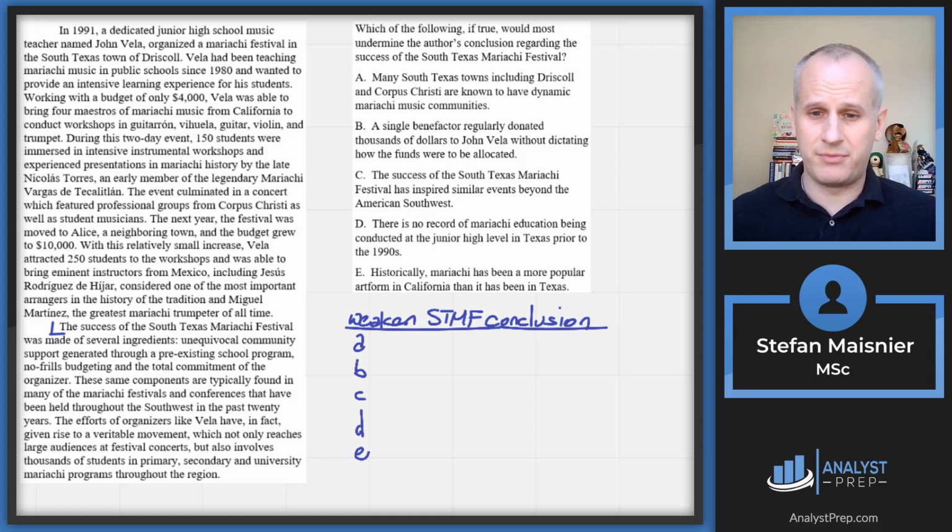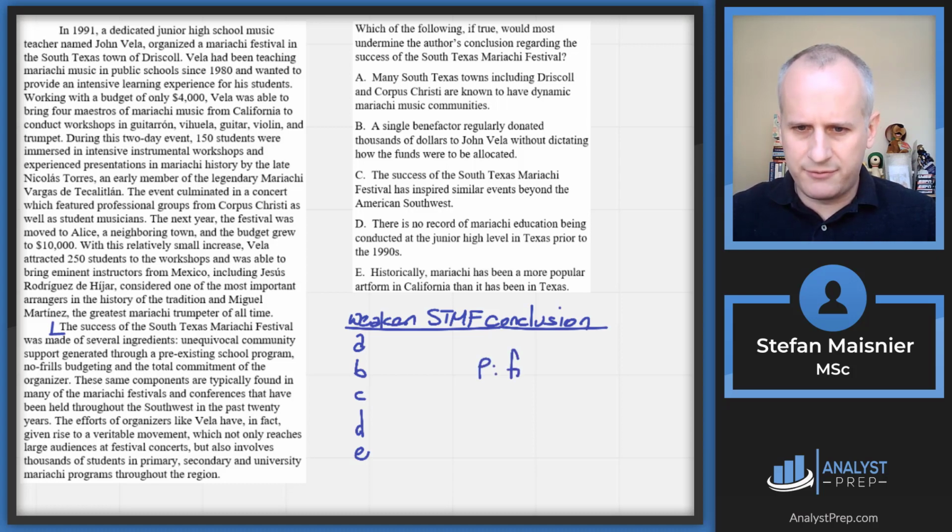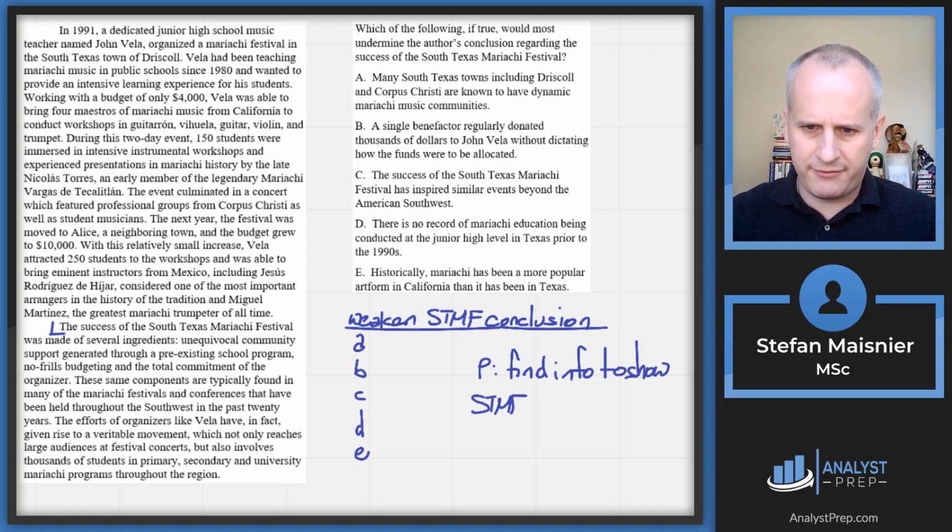Okay, so the conclusion is that, and our prediction by extension, so we can just put a P here, is we need to find info to show that the STMF success was not because of the ingredients listed by the author.